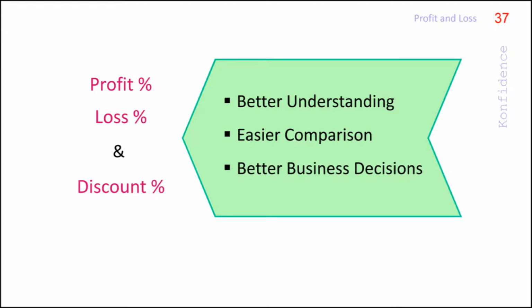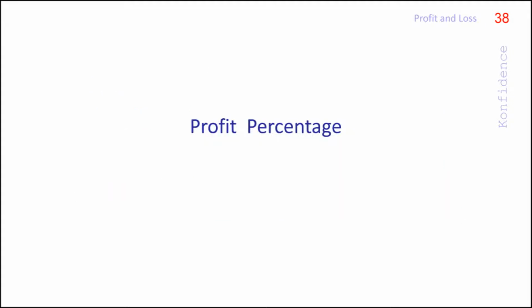This being the case, the percentage way of calculation and comparison is the normal practice in business circles. As discussed earlier, profit expressed as a percentage is found out with the basis being the CP or the expenditure.